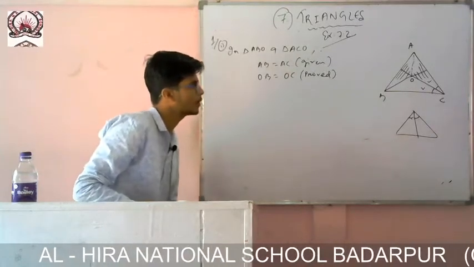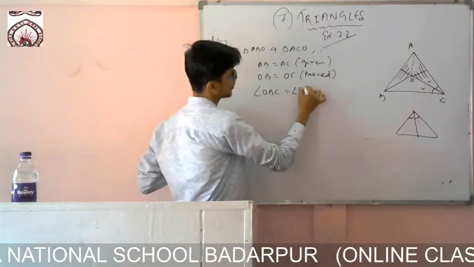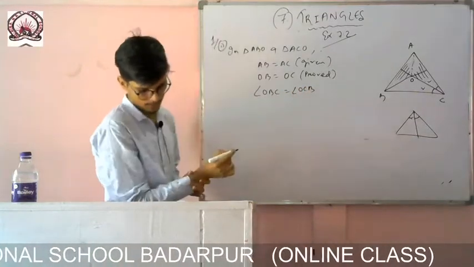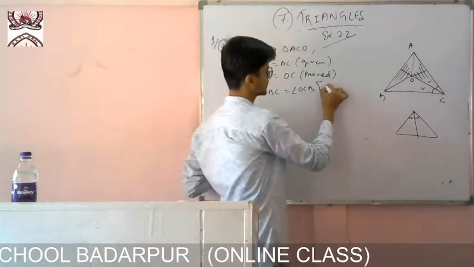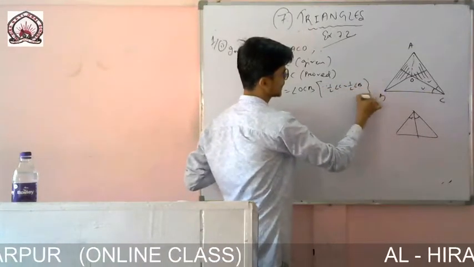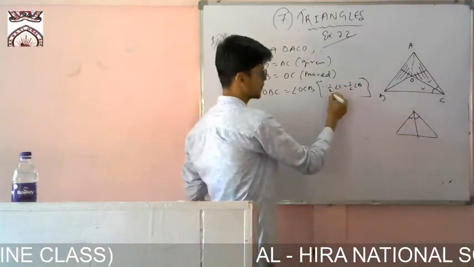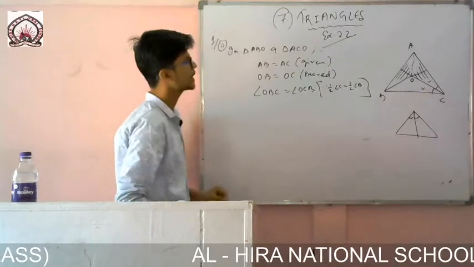And angle OBC is equal to angle OCB. You write this since half of angle C is equal to half of angle B.